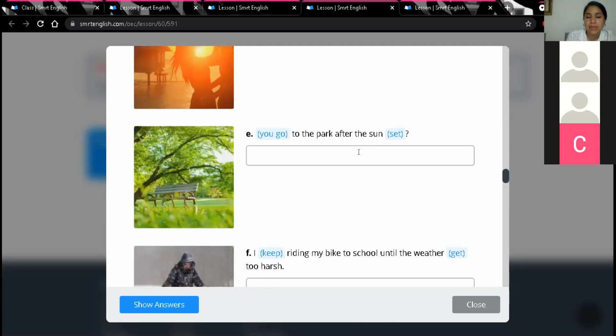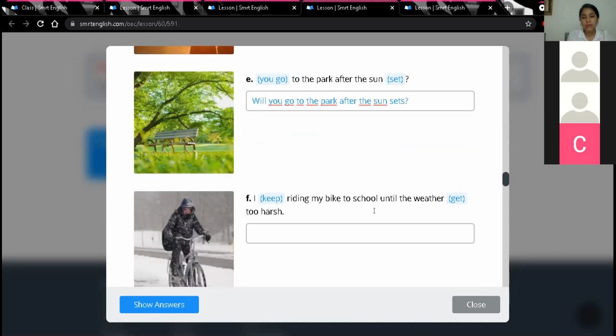Letter E, Gabriela, this is a question, so remember that in questions we first start with the auxiliary verb. Will you go to the park after the sun sets? Very good. Letter F, Alberto.